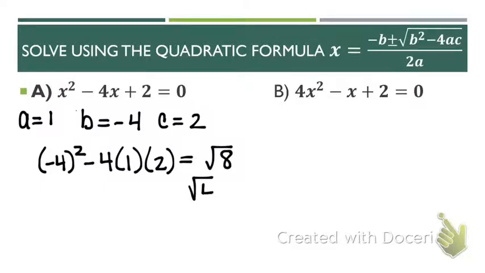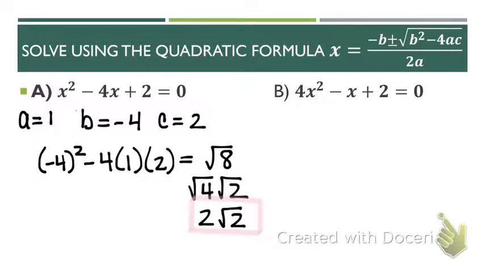So this is going to break down to 4 times 2. And then the square root of 4 is 2. So this is what your discriminant is. This is what you're going to actually put into the quadratic formula. All right, so now you're ready to do the rest.